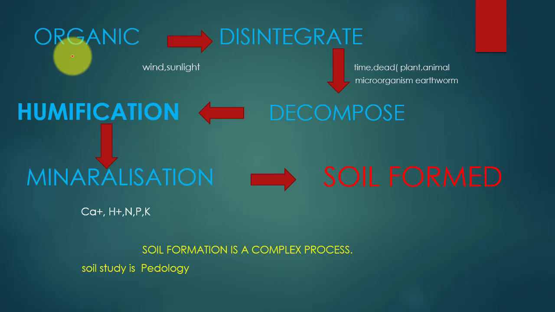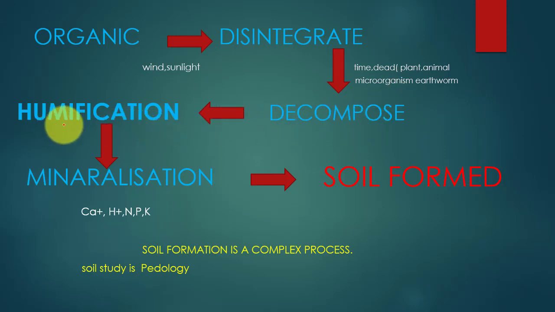The first process is that organic matter, due to wind and sunlight, disintegrates and later decomposes over time, along with dead plants, animals, microorganisms, earthworms, moles, etc. They work as agents. They can break the soil and decompose them.